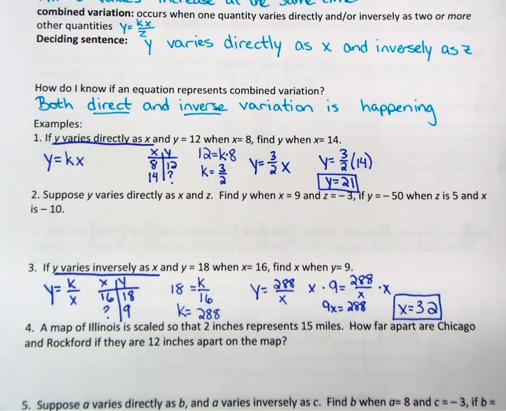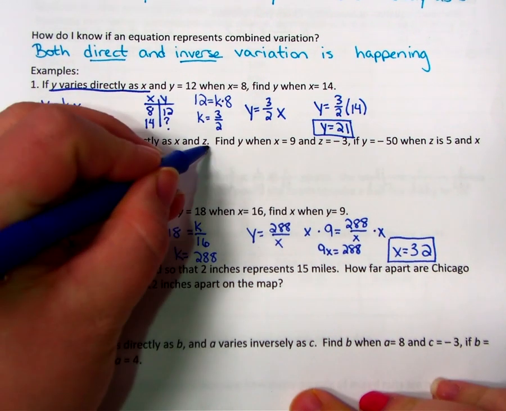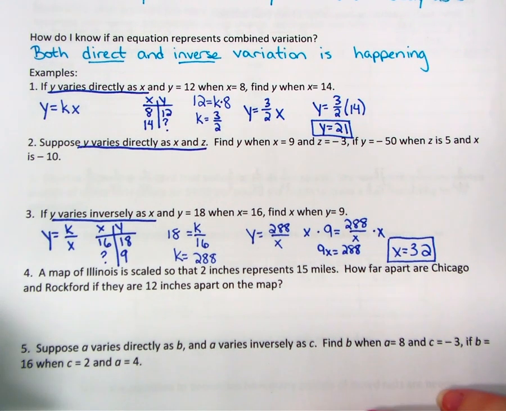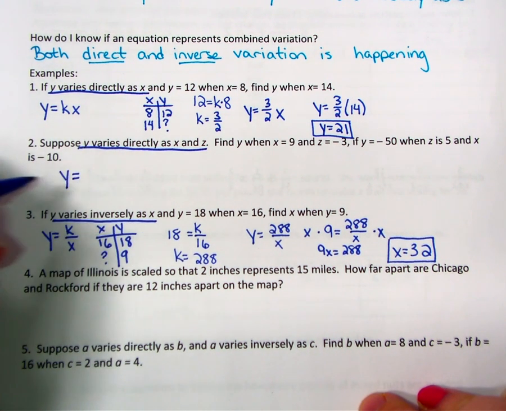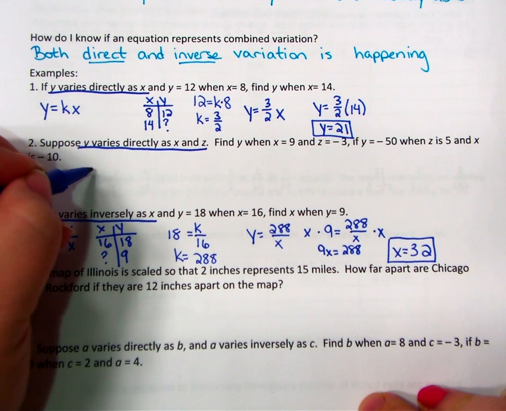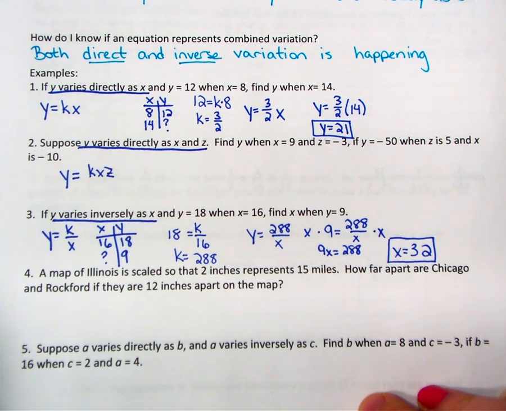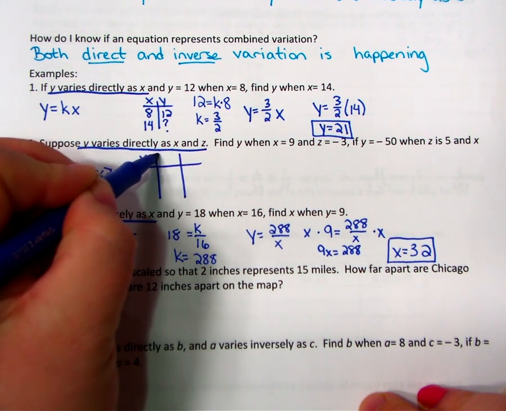So when I look at number 2, it says, suppose y varies directly as x and z. That sentence matches joint variation. So my equation will be a joint variation equation: y equals kxz. Now this time my table has 3 columns because I have x, y, and z.